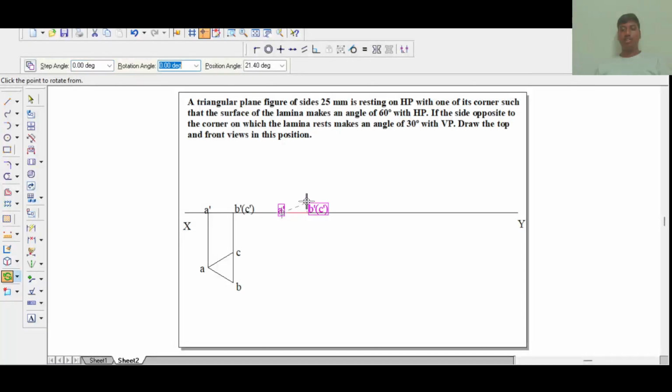Go to the end of the line A dash and B dash C dash. As it's given, it makes an angle of 60 degrees with HP, the second part. So 60 degrees.